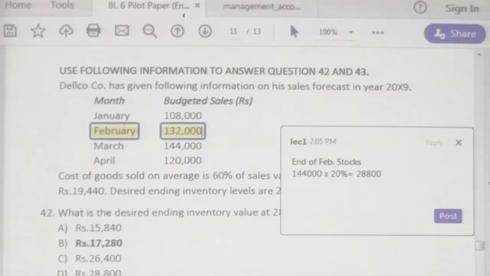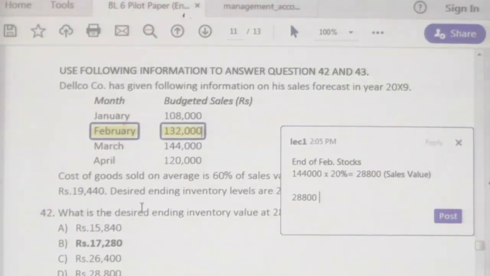But this 28,800 represents sales value. Sales value cannot be taken as the inventory value. Therefore, you need to eliminate the profit margin from here. Closing inventory for February is 28,800 at sales value.